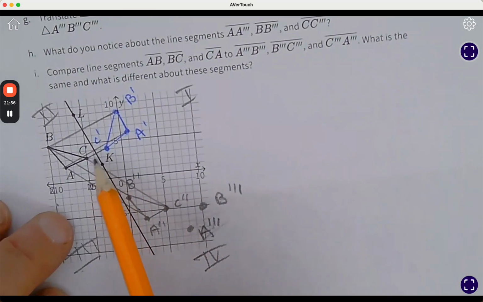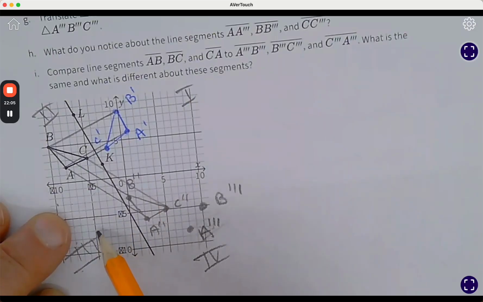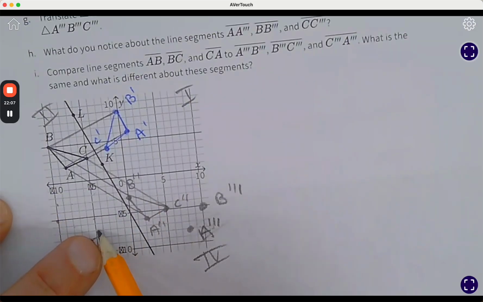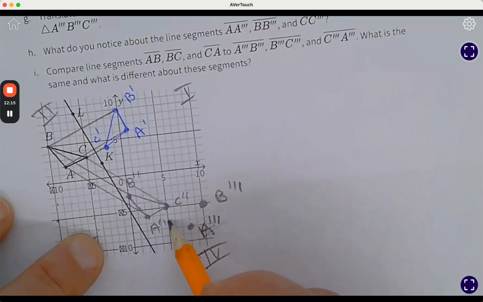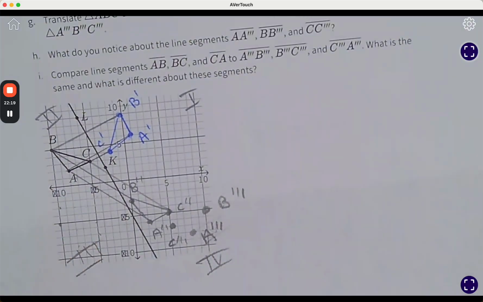This one. Right there. And then reflect over the y-axis. So that would be there. And then we connect it.